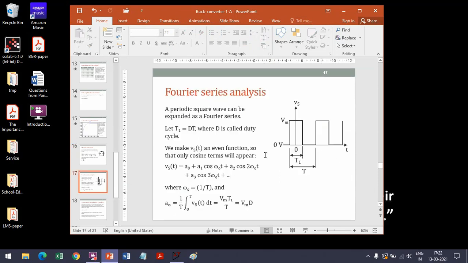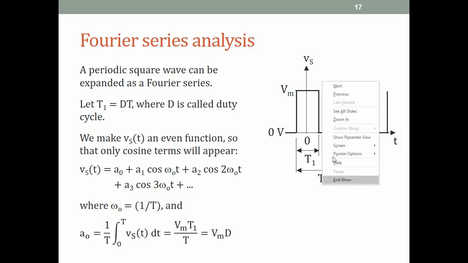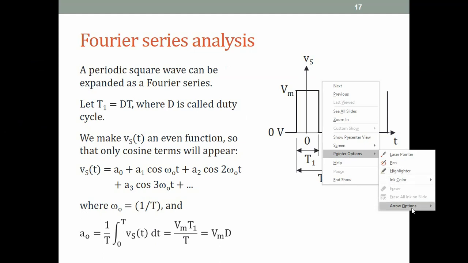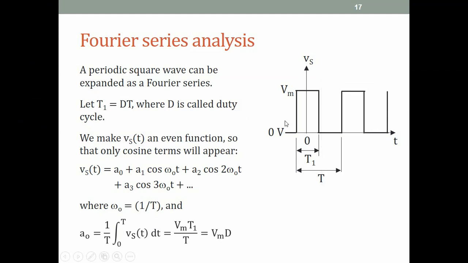So this is omega f and this is omega naught, where omega naught is the frequency of the square wave that we have applied, as opposed to omega f, which is the 3 dB cutoff frequency of the RL circuit.